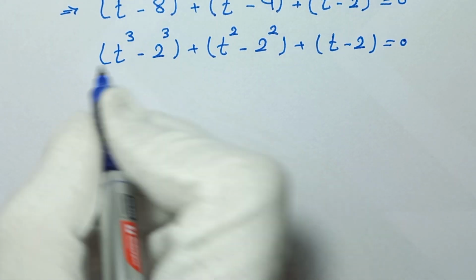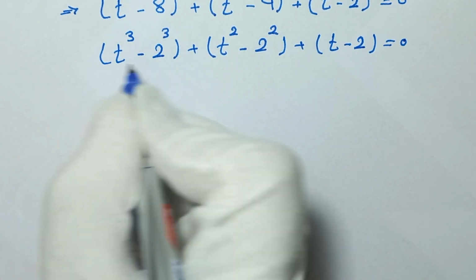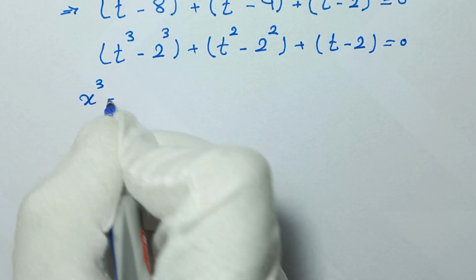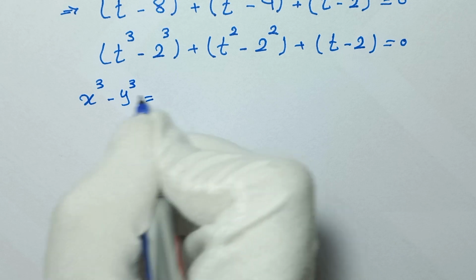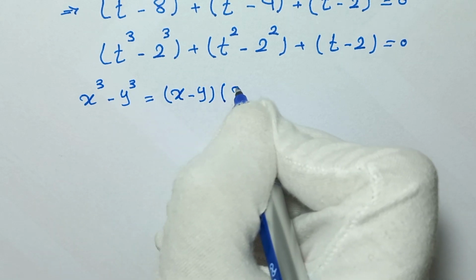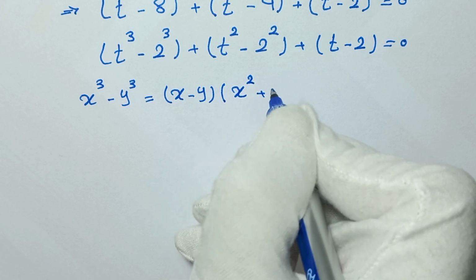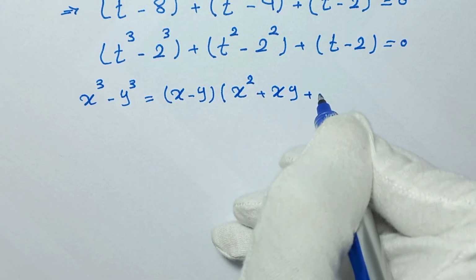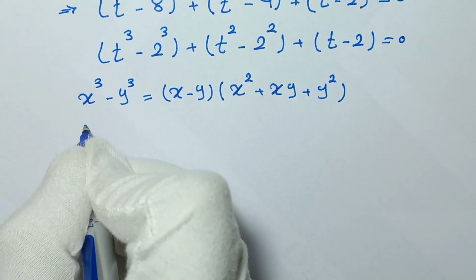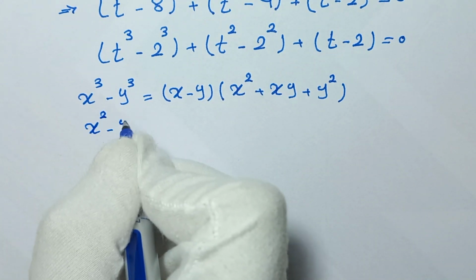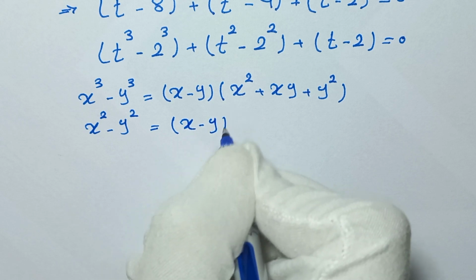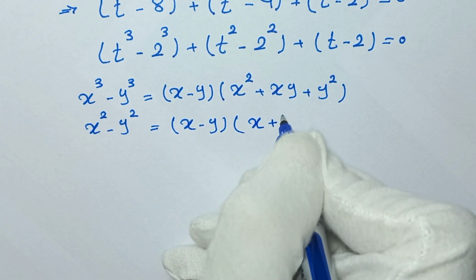And in here, this is in the form of x cube minus y cube, and we can write this as x minus y times x square plus xy plus y square, right? Also, this is in the form of x square minus y square, which will be x minus y times x plus y.